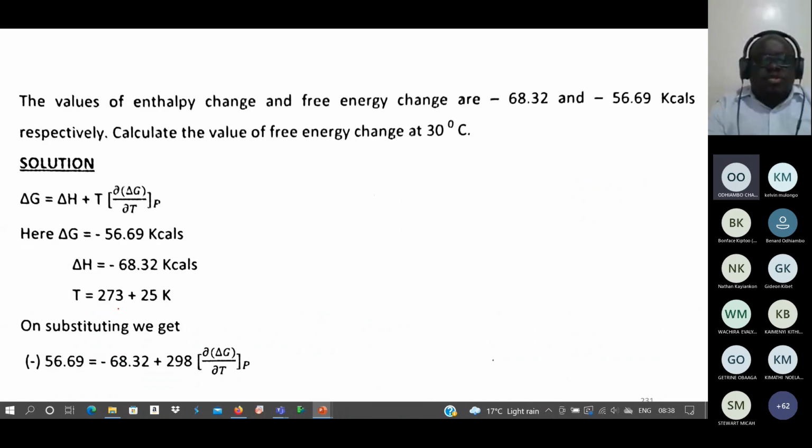So the values of enthalpy change and free energy change, delta H and delta G, are given. We have delta H being minus 68.32 kilocalories and delta G being minus 56.69 kilocalories.